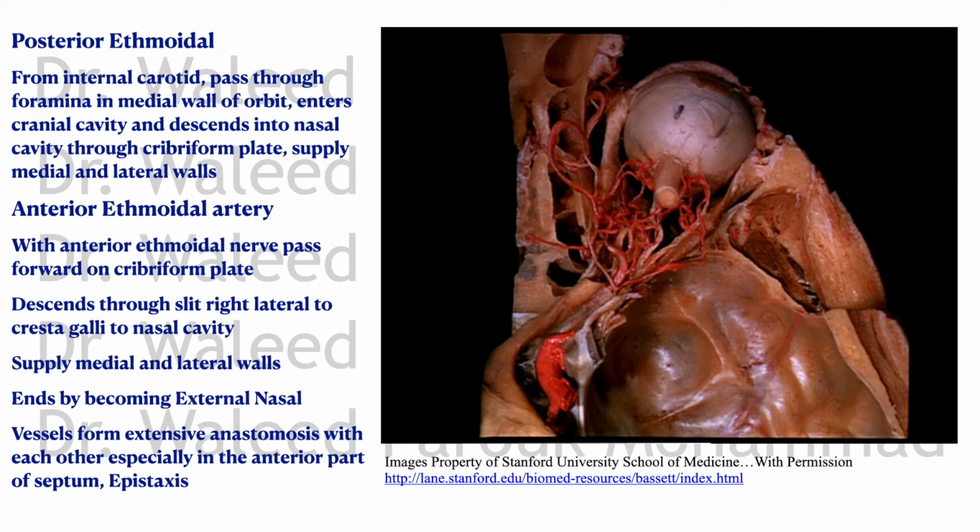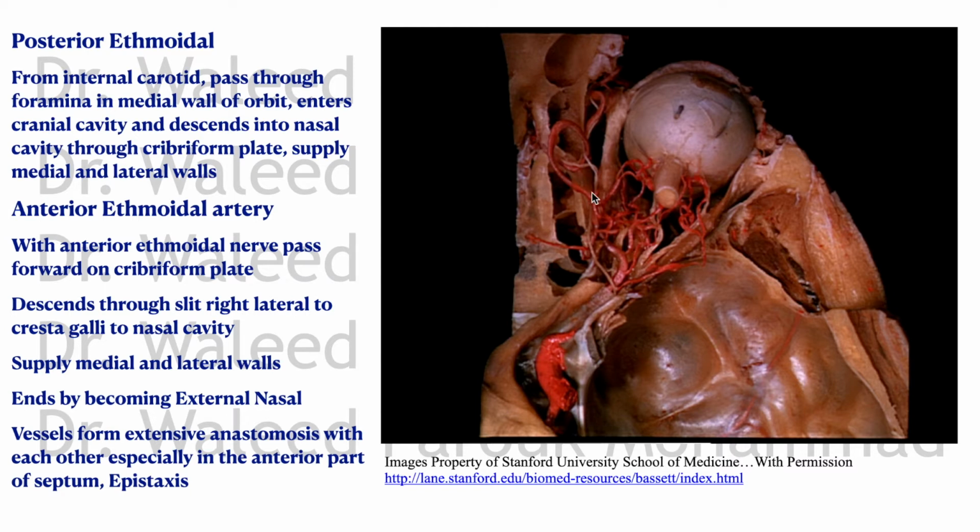Okay, I told you that the internal carotid gives off an ophthalmic artery, which gives off the anterior and posterior ethmoidal arteries. The posterior ethmoidal artery supplies the posterior ethmoidal air cell group and the sphenoid. This is the posterior ethmoidal artery, and here crossing is the anterior ethmoidal artery.